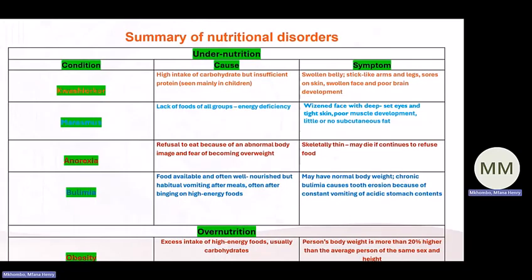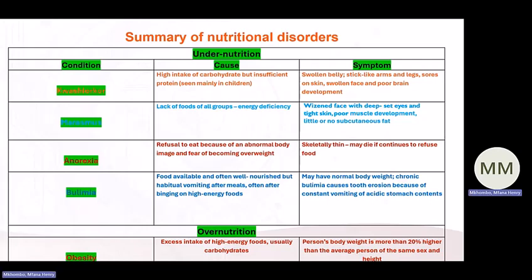So this is a summary of some of the nutritional disorders, just like I've summarized with Kwashiorkor. The cause is high intake of carbohydrate, but insufficient protein taken. This is seen in many children. So it's a pediatric disease where most children are starved of proteins when they are given a large amount of carbohydrate, which is in the form of samp or porridge.